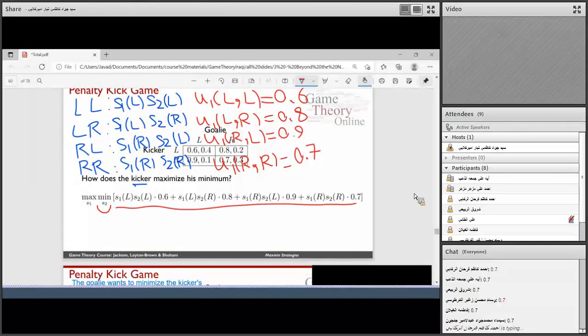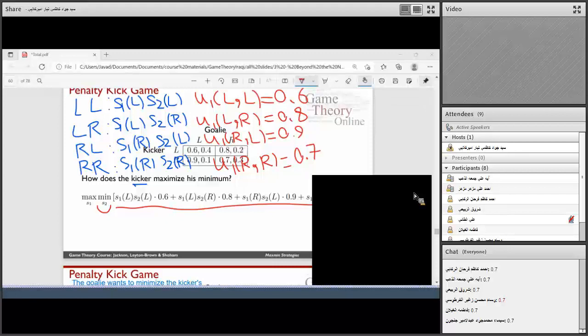However, there's an intermediate step we need to take care of. What intermediate step is that? Can somebody tell me? At this stage, I have S1 of R, S1 of L, S2 of R, S2 of L. There's something I need to do before I can take care of the minimization. Can someone point that out?